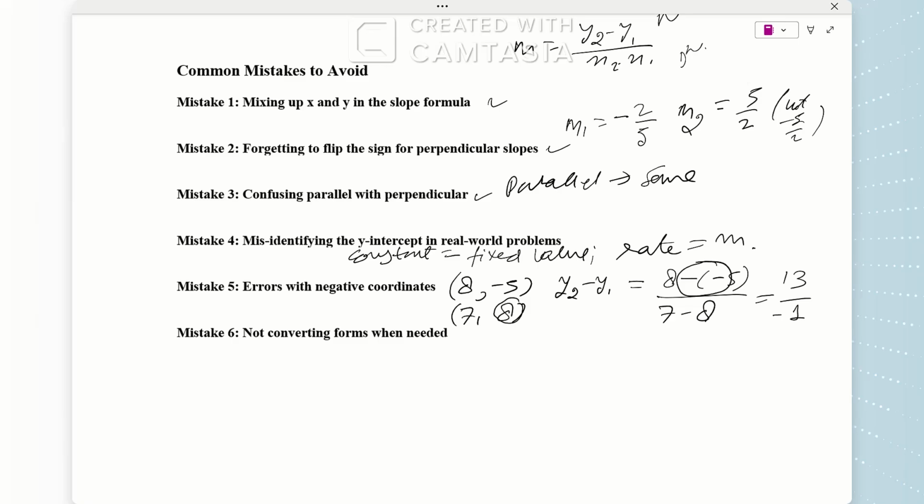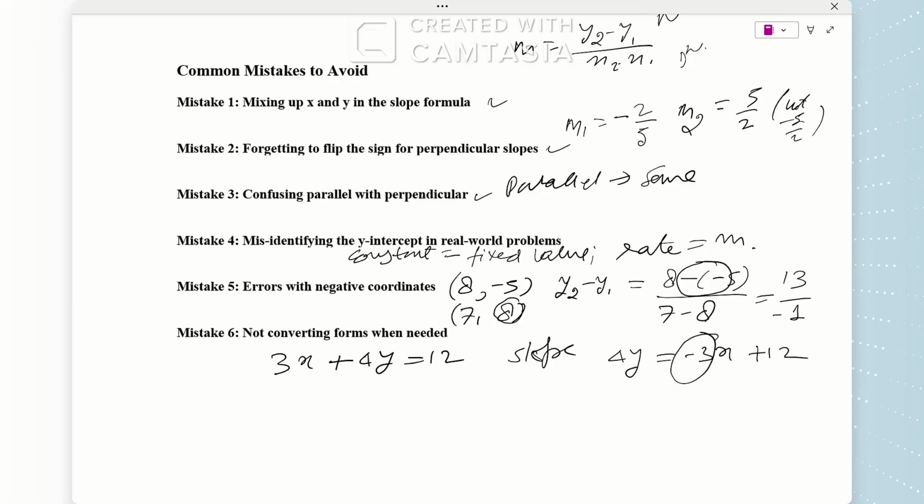The last type of mistake many students make is not converting the forms when it's needed. You may be given, sometimes, standard form, let's say 3x plus 4y is equal to 12, and you are asked to find the slope. Sometimes in a hurry, people may do 4y is equal to minus 3x plus 12, and then take minus 3 as the slope.